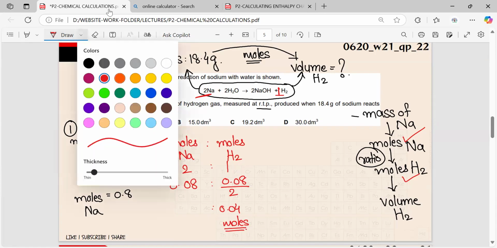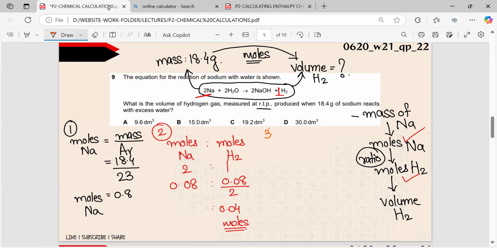Now, when we have the moles of hydrogen, we can find the volume of hydrogen by using the formula. Moles is equal to volume over molar volume. Here, the answer is in decimeter cube, so we will use 24.